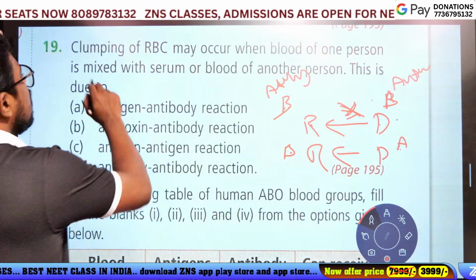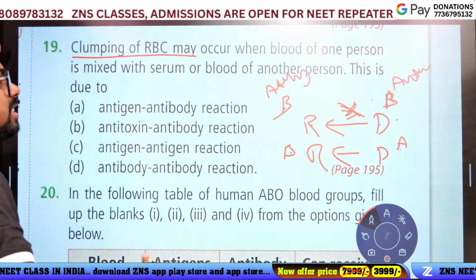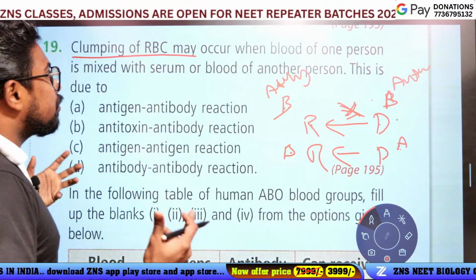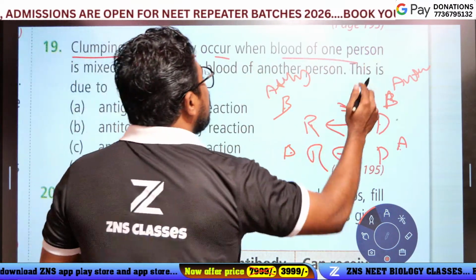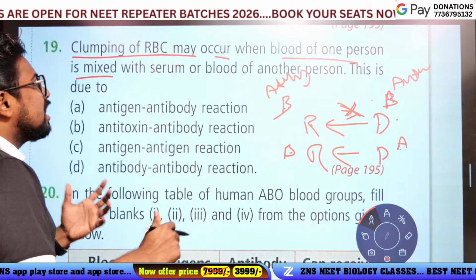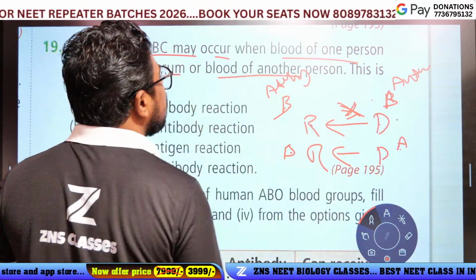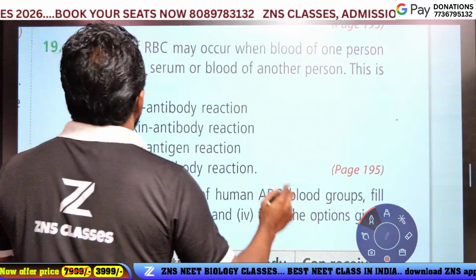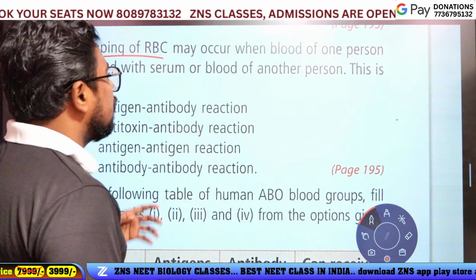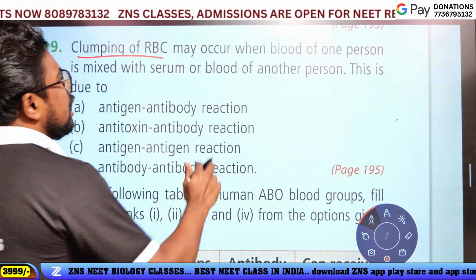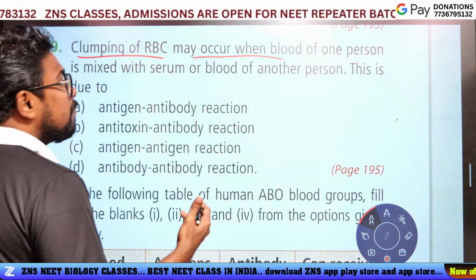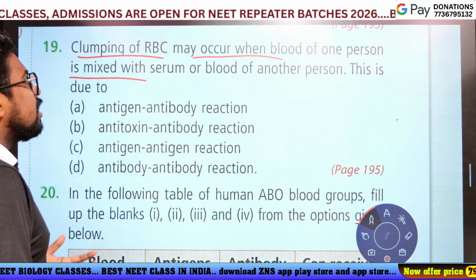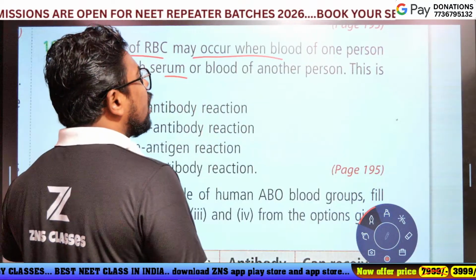Okay guys, the clumping of RBC. RBC disruption or destruction may occur when the blood of one person is mixed with the serum of blood of another person.